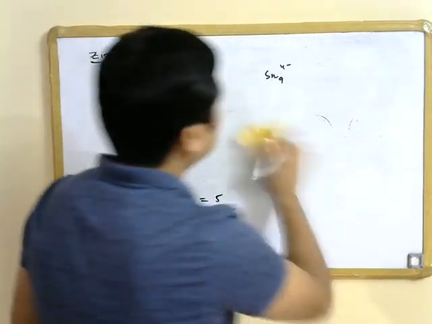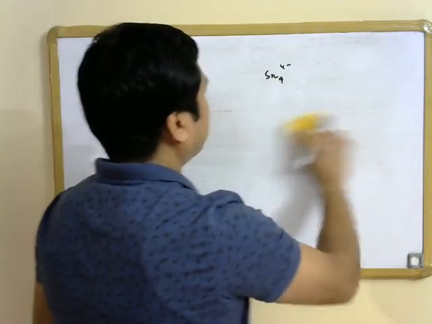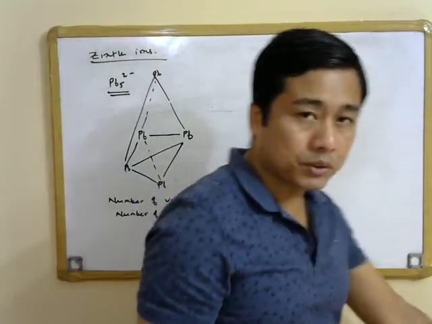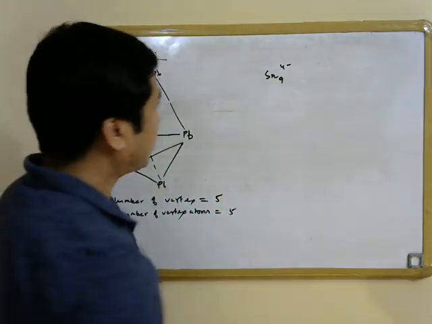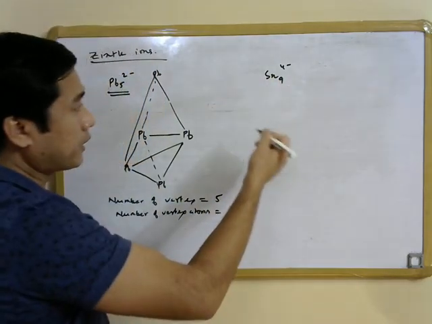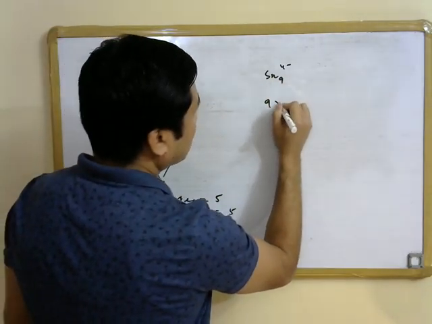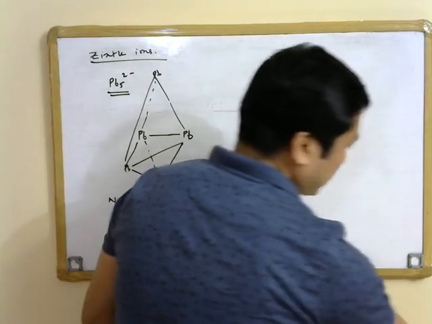So let us now try to predict the structure of Sn9 4 negative by using Wade's rule and using a similar methodology here. So we'll count the number of valence electrons here. 9 tin centers are there.